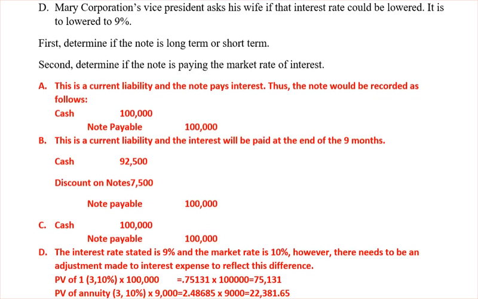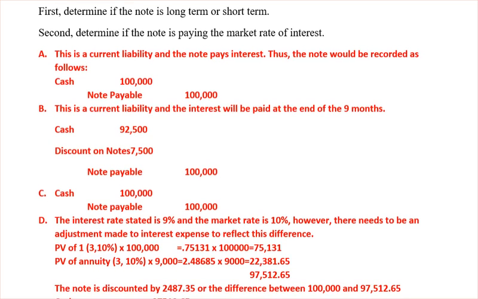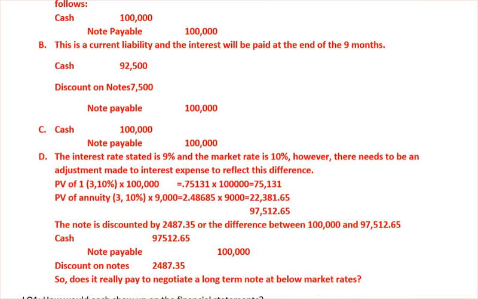So you're going to have to go in here and figure out the cash flow associated with the thing and come up with the values for that, and find that the discount here is really 2,487.35, which will show up as interest.